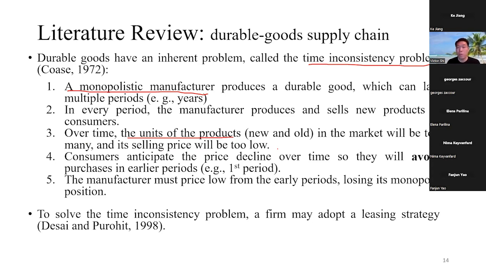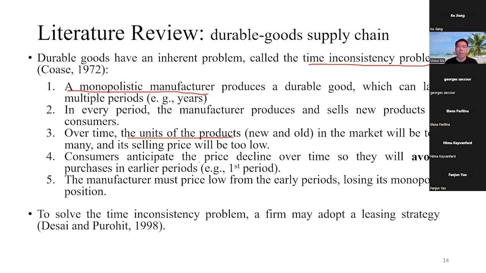So in the third year, there will be 3,000 units of these products, some new, some old, but they are all there. So basically, the units of products in the market will be higher and higher, too many over time. And if you have too many units in the market, the selling price is going to be too low.